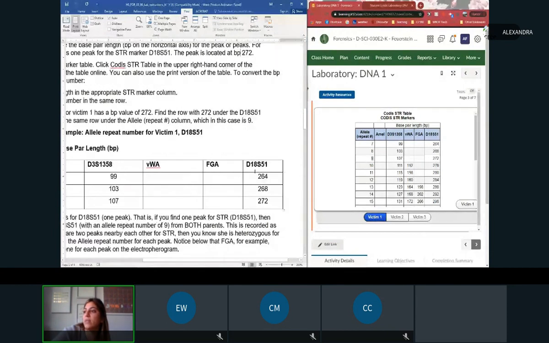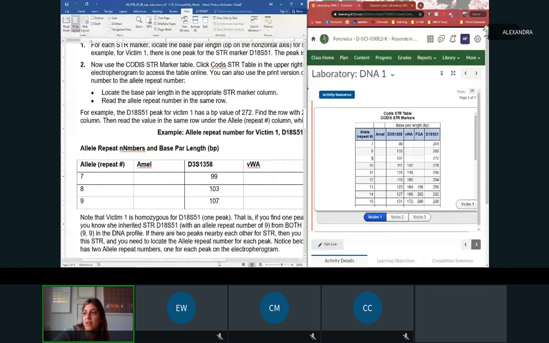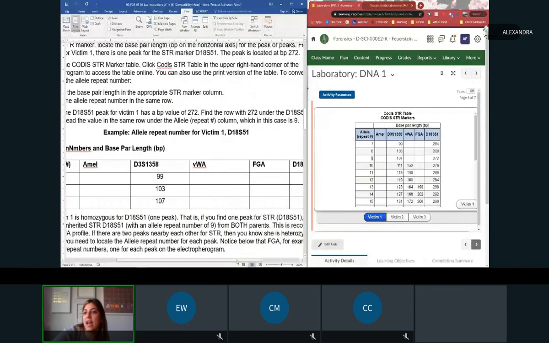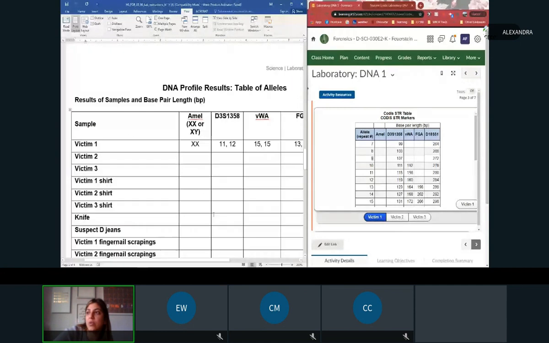Okay, 272, if we look at the allele number, it's this one. So now we know that victim 1 is homozygous for this marker, specifically because there's one peak, and that means they have 2 of the alleles with the number 9, one from each parent, and you can record that as 99 in the DNA profile. So when you're creating the DNA profile for your victims, that's where you're going to write it down.